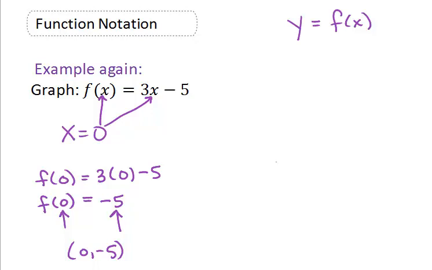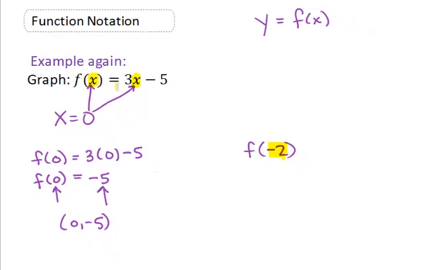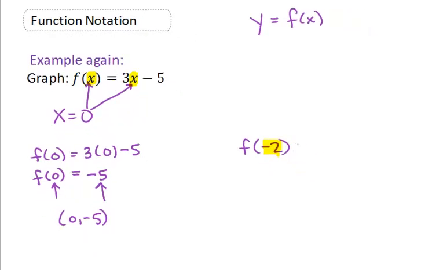So if I did it again with my last point that I used, f of negative 2, I again just substitute in negative 2 for any time I see an x. So f of negative 2 is equal to 3 times negative 2 minus 5, which gives me negative 6 minus 5, which gives me negative 11.